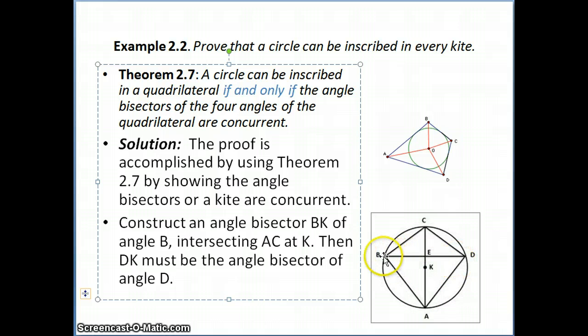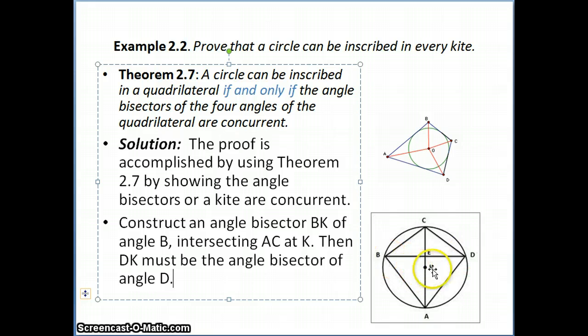Similarly, we can prove the triangles BKC and DKC are congruent. That means the angles CBK and CDK are congruent. So CDK and ADK are congruent because CBK is congruent to ABK. So that's the proof of why DK is also a bisector.